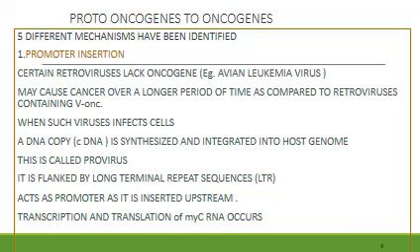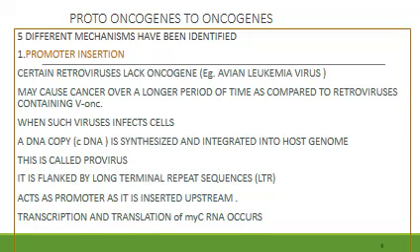Let's look at the first of these 5 different mechanisms, that is promoter insertion, whereby proto-oncogenes are converted to oncogenes to produce malignant transformation. Now, certain retroviruses like the avian leukemia virus lack an oncogene, and they may only be able to cause cancer over a long period of time as compared to retroviruses which contain the viral oncogene.